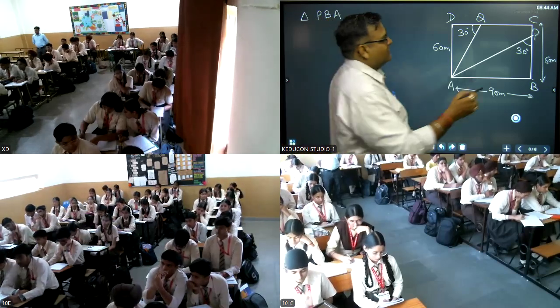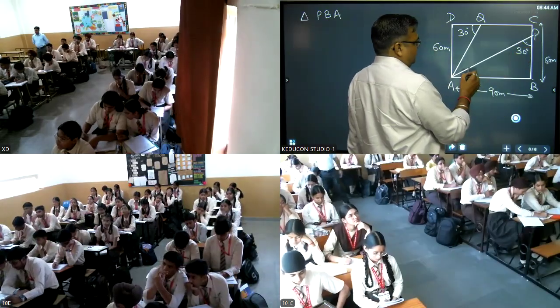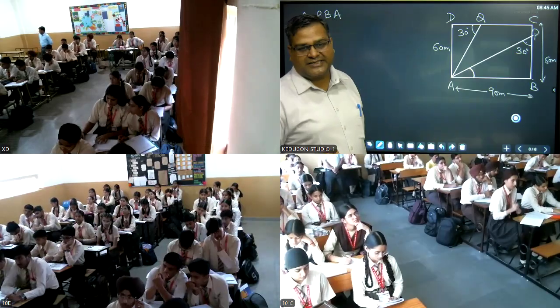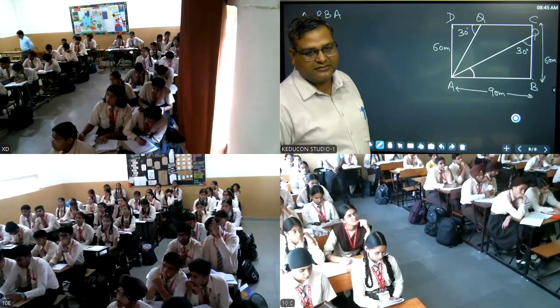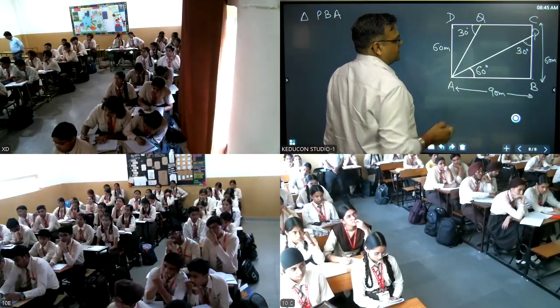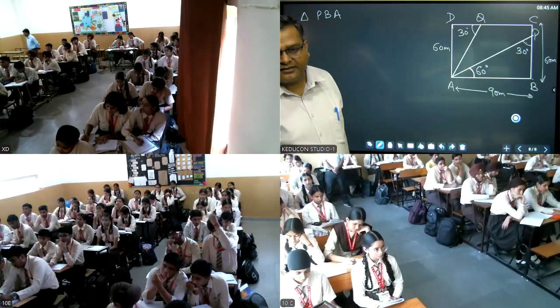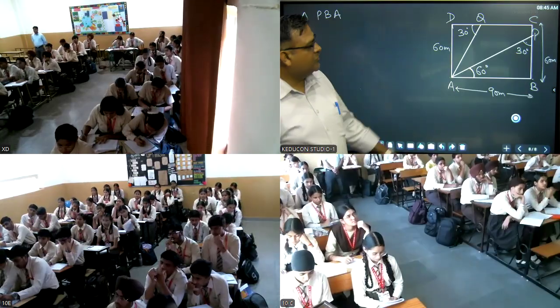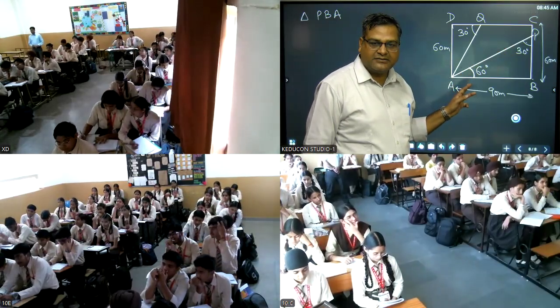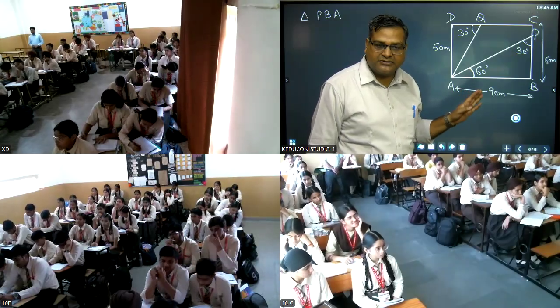Now, this angle is 30 degree. What will be this angle? What will be this angle, students? 60 degree? Yes or no? Because these two angles are complementary. Have you understood or not, Ji?